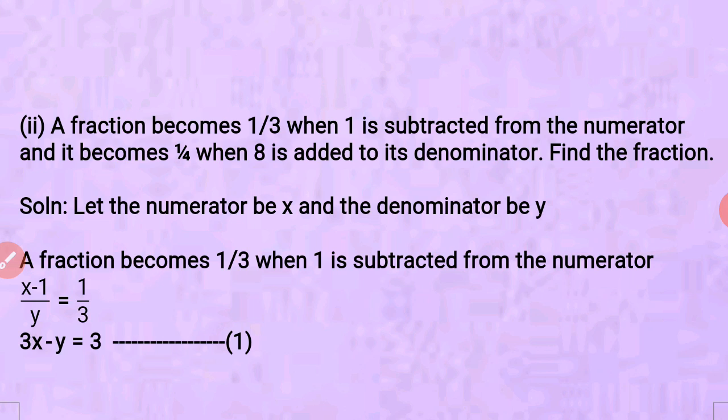So the numerator becomes X minus 1 and Y, that is the denominator, remains the same. So our new fraction is X minus 1 upon Y, which is equal to 1 by 3. Children, you can solve it further and you get the equation as 3x minus y equal to 3. That is your equation 1.